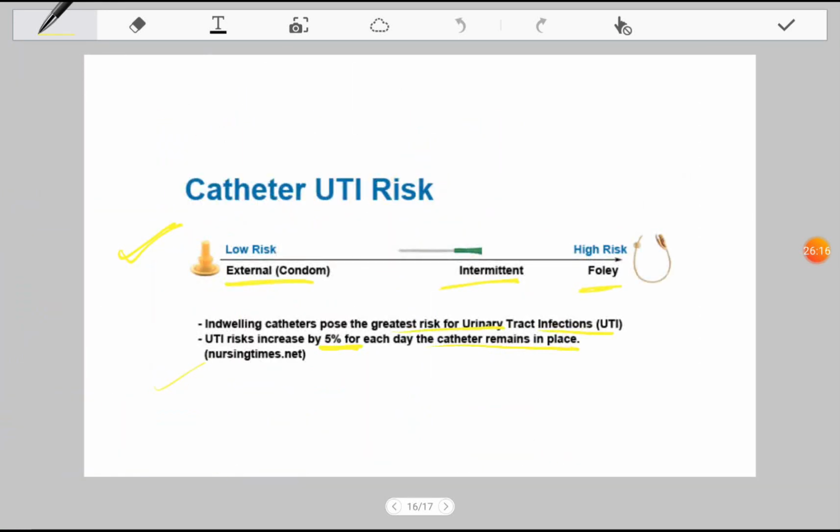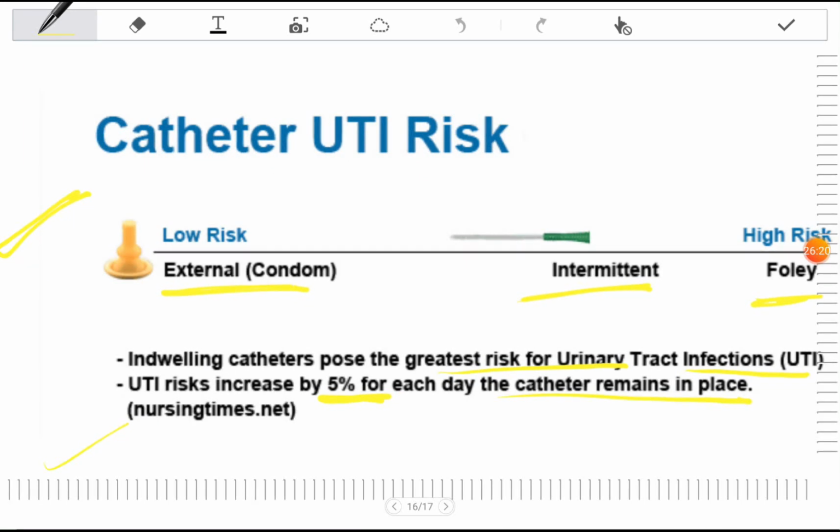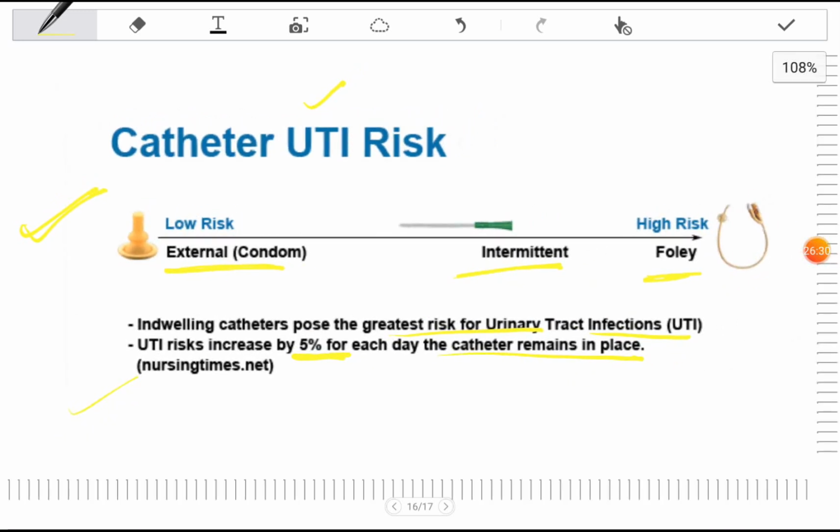Now we'll talk about the catheter UTI risk. UTI means urinary tract infection. As you know, we are placing an external object inside the body, so it will increase the risk of infection to the patient. Let's see which catheter causes the most risk.